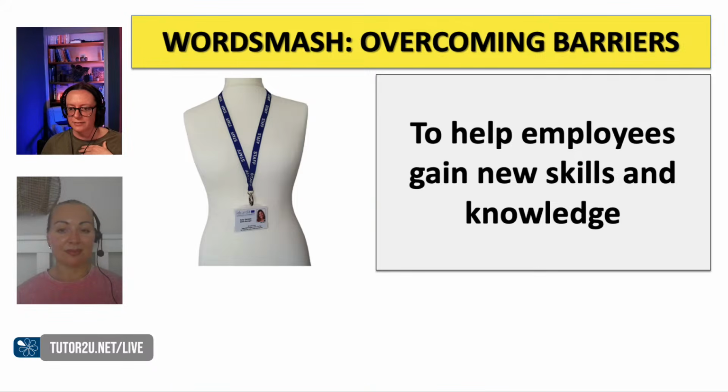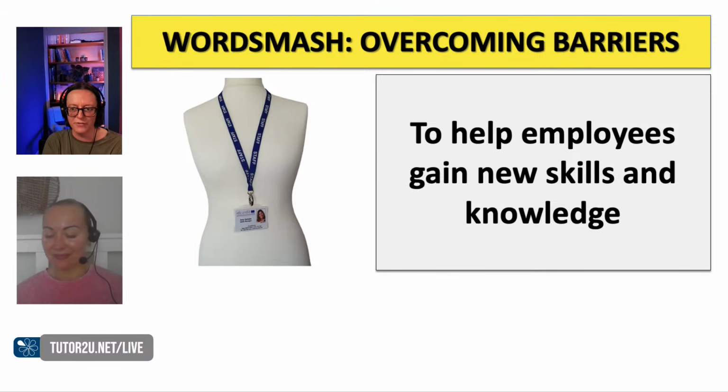Okay, next one. What do we think this one is? Any guesses? I can't see any yet, Liz. Yours might be a bit quicker than mine now. People are saying something training. Liv says CPD. Well done.